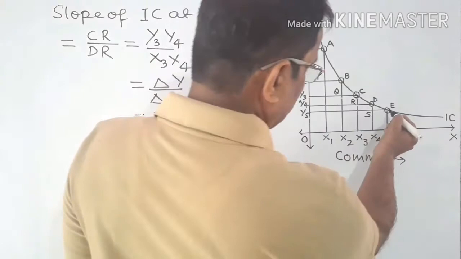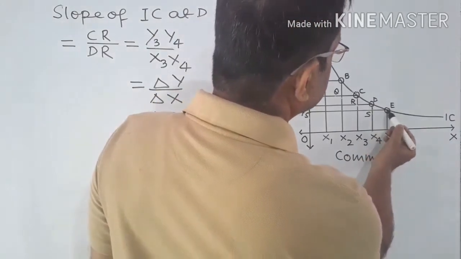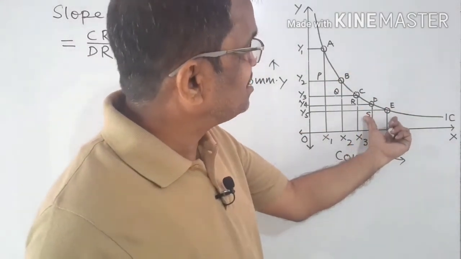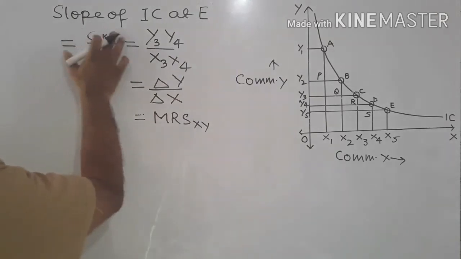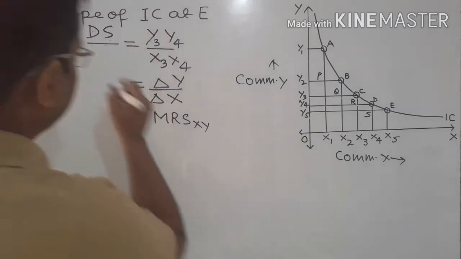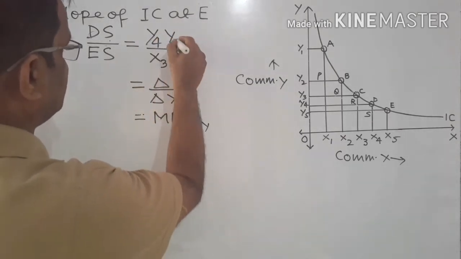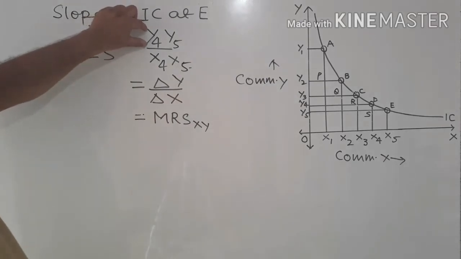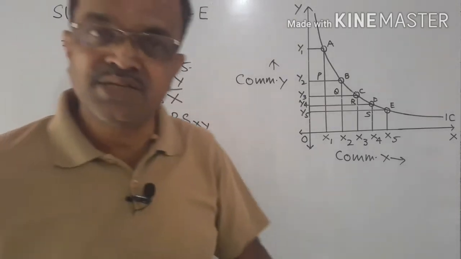Now at E point on the indifference curve, DS is the change in the units of Y and ES is the change in the units of X. That is, DS is the number of units sacrificed of Y and ES is the number of units gained of X, at point E. That is equal to Y4, Y5, the units of Y, over X4, X5, the units of X. This is the unit of Y sacrificed, this is the unit of X gained, that is delta Y by delta X, which is simply the marginal rate of substitution.